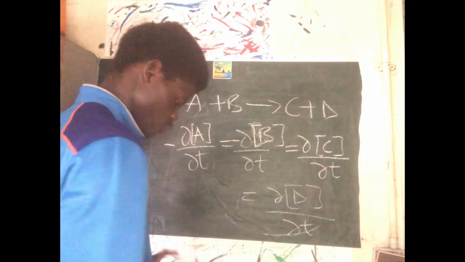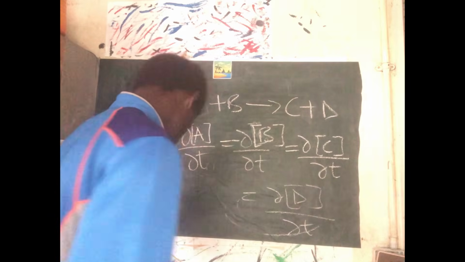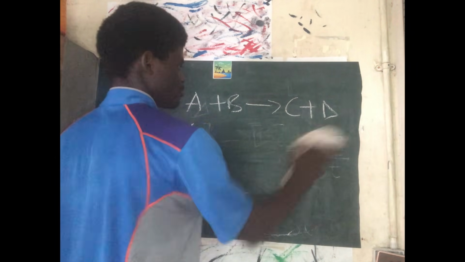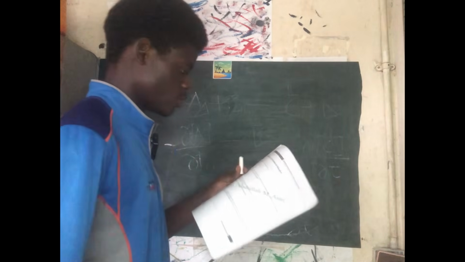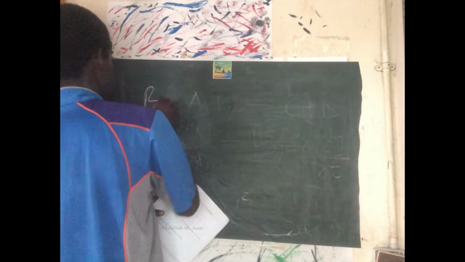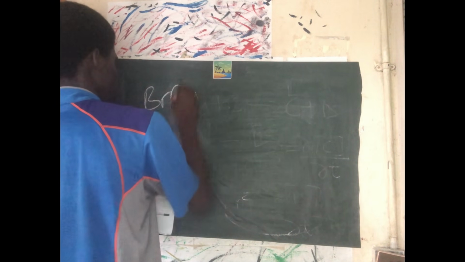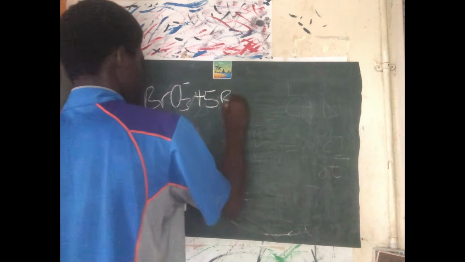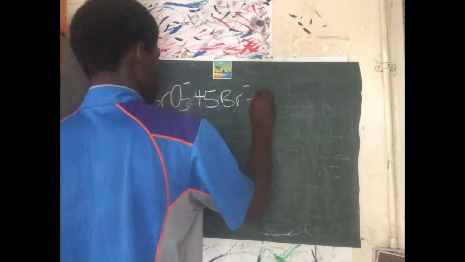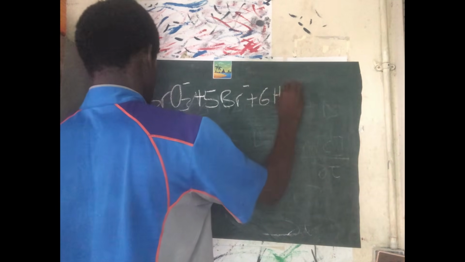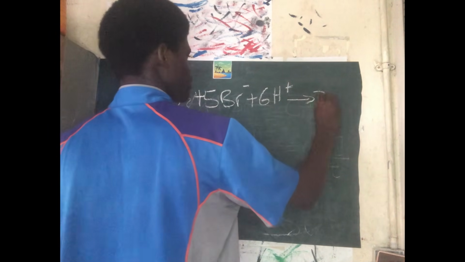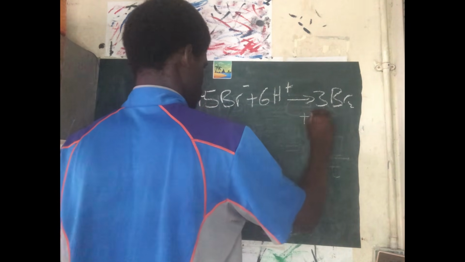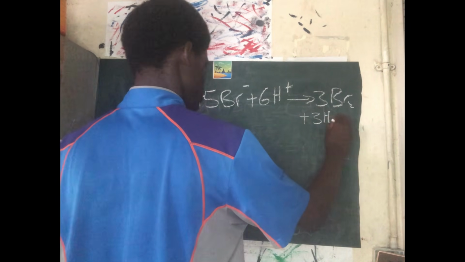So to solve that number two question, we are just going to use this to do it. In number two, they gave us this equation, BrO3 minus plus 5Br minus plus 6H plus giving 3Br2 plus 3H2O.